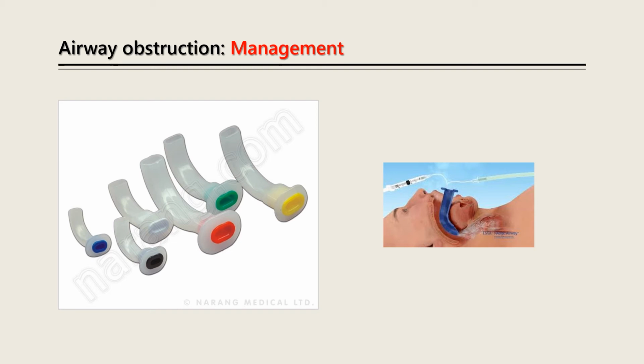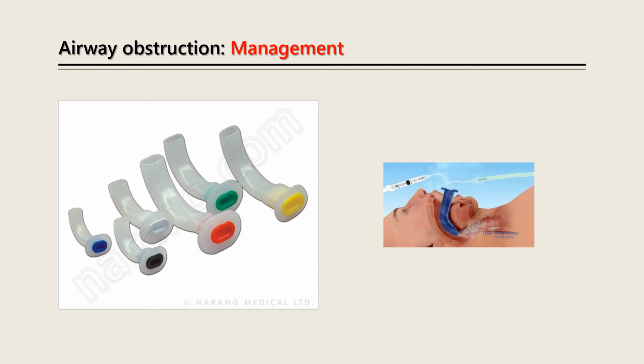And how could you suspect a fracture base of the skull? By rhinorrhea and otorrhea of CSF, from the nose and ear, and then raccoon eye or panda eye, which is the black eye, and battle sign, which is hemorrhage above the mastoid process behind the ear.